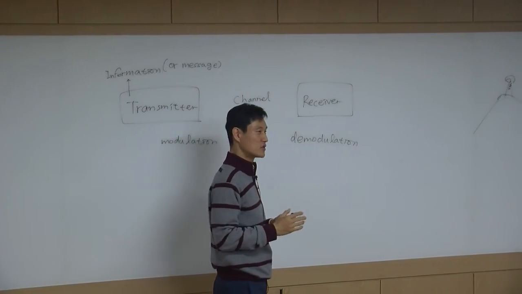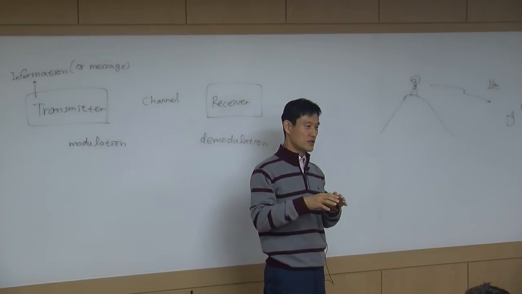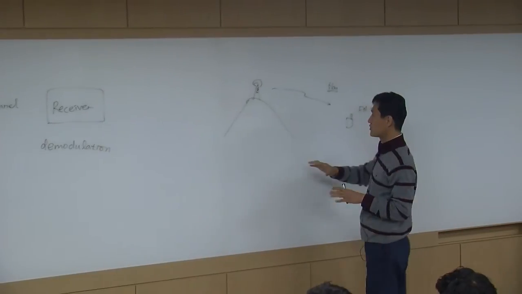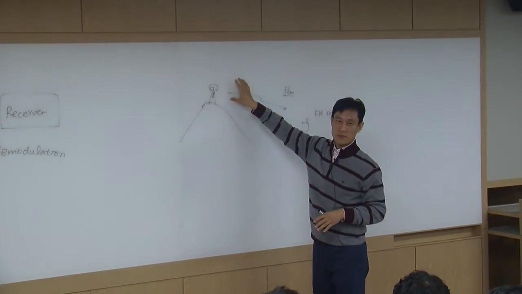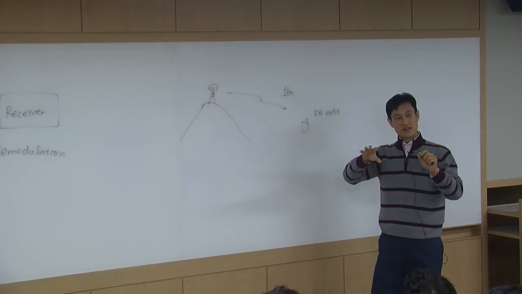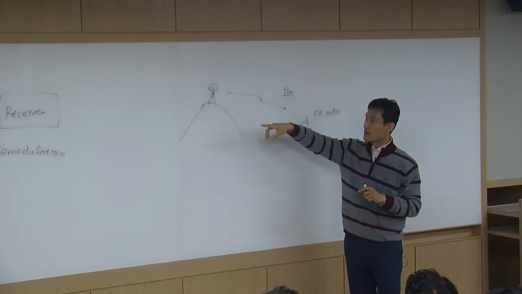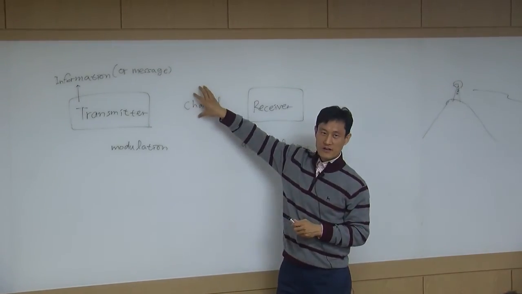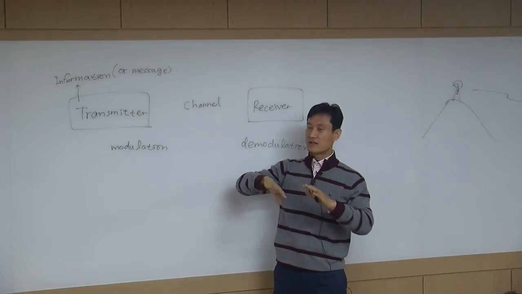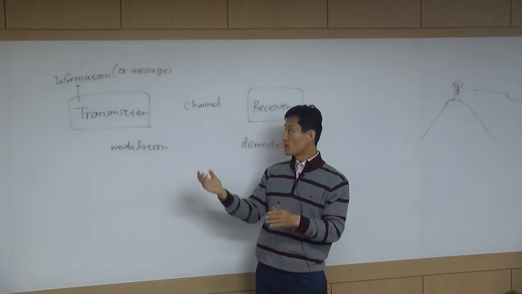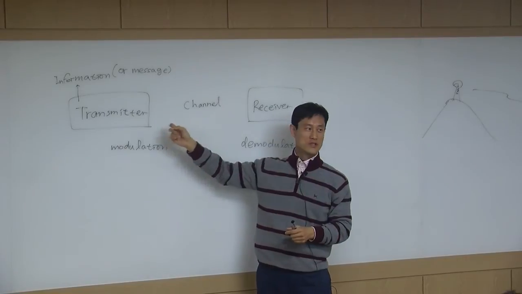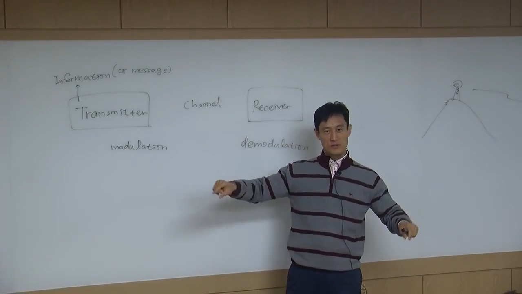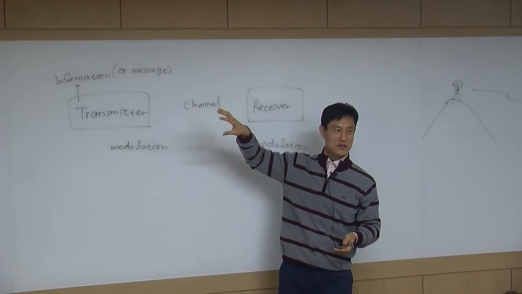You still need a modulation, but the modulation used in a submarine is very different from the modulation used in the air, because modulation is a function of the channel. If you have air, you need a certain modulation. If you are going underwater, you need a different modulation. Maybe in a cable, sometimes you need a different modulation.